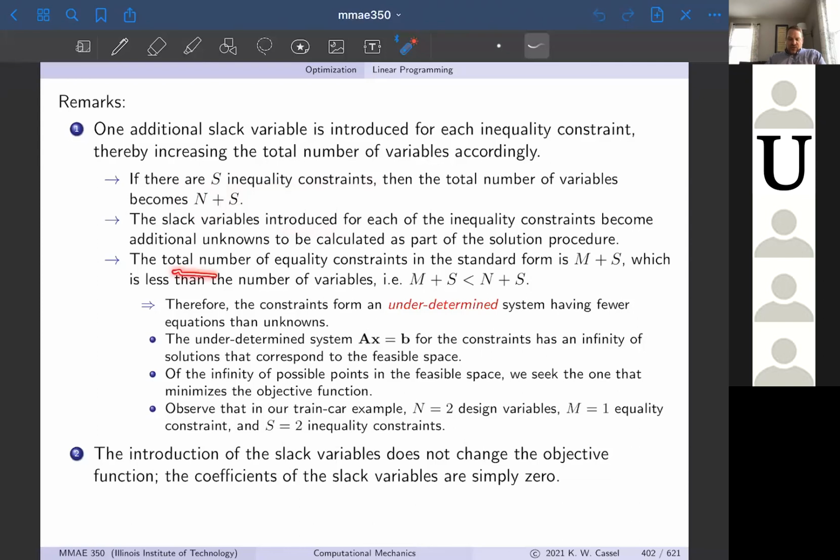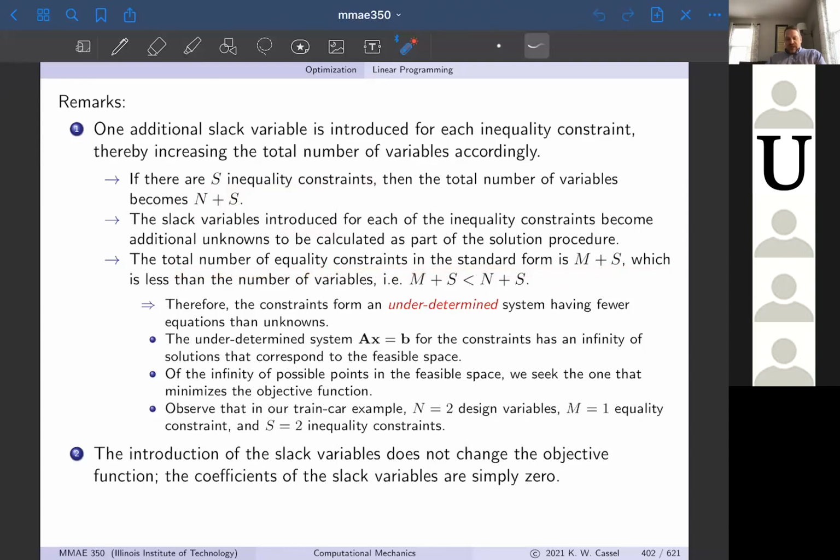The total number of equality constraints, once you're in the standard form, is m plus s. Before you put it in standard form, there are m equality constraints, and then you have the additional s inequality constraints. So you turn those into equality constraints, so you have m plus s equality constraints in the standard form.